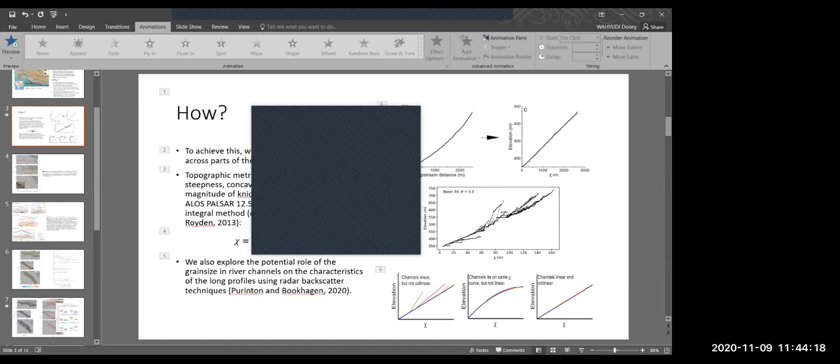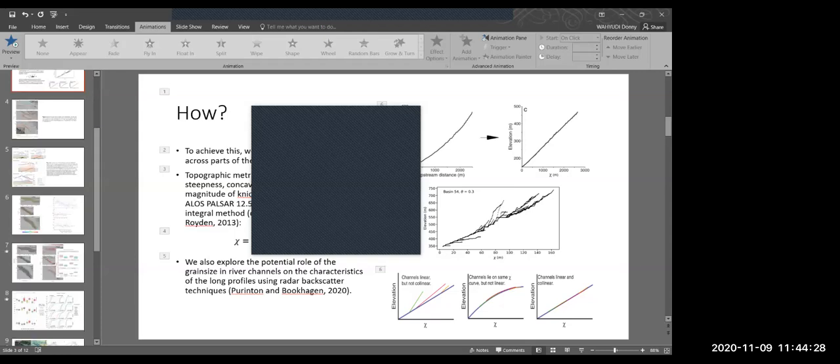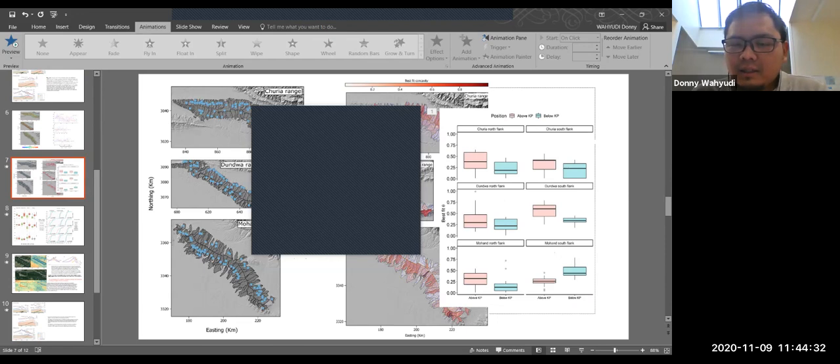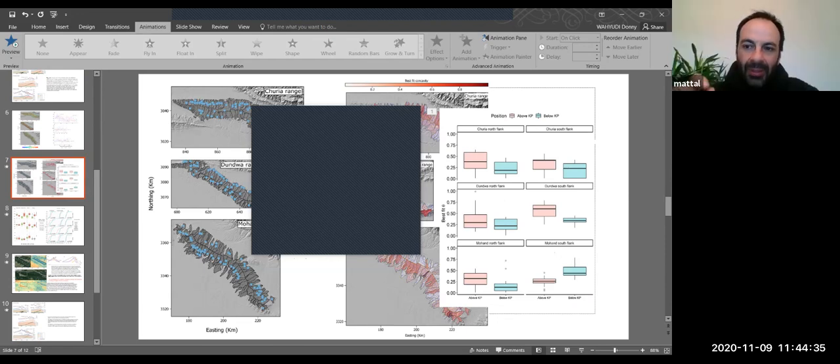Broadly, those box plots are showing that there isn't statistically a difference above and below. Sorry? The box plots that you showed. The box plots show the range of best fit concavity for the different streams.